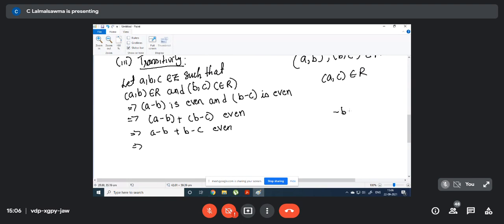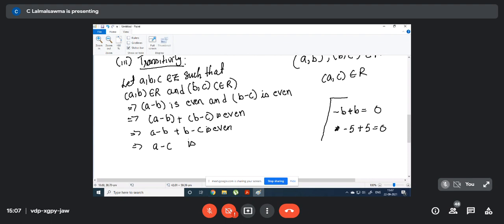So what will be this term? Can you tell? Let's forget the other terms. Like this is an integer, like minus 5 plus 5. What is the value of this? 0. Okay, so this is 0 and we can ignore it.